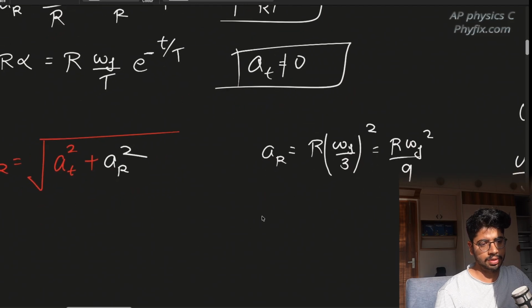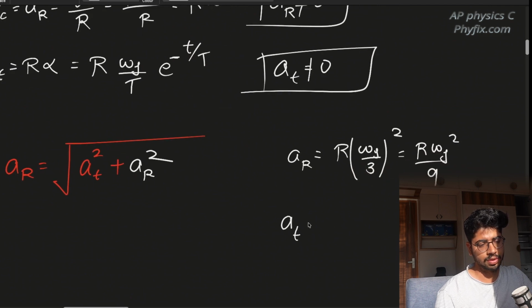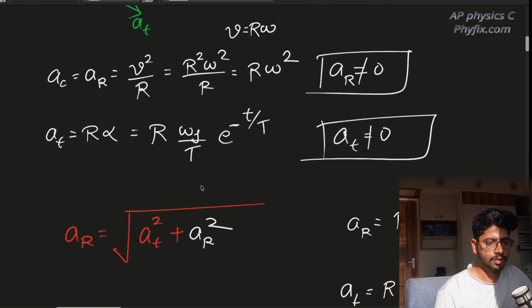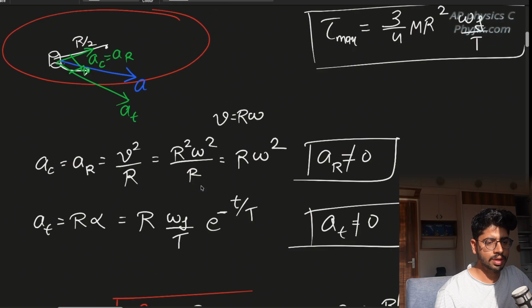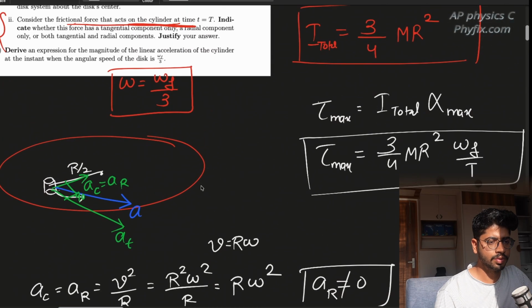And for tangential, I have to substitute that value here, that initial omega f. These are just constants. But I have to figure out that the slender is at r by 2. Sorry, we are finding it for the slender only.